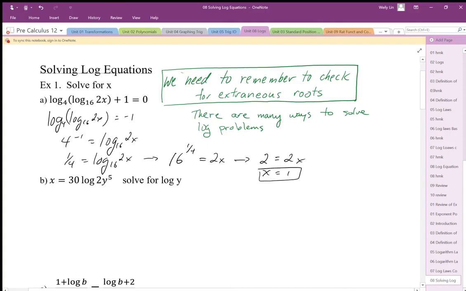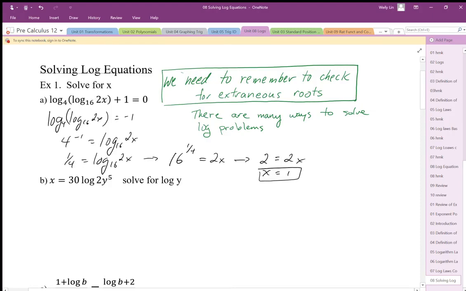Okay, so when we get the solution x equals 1, we have to make sure that that solution is a valid solution. So if I plug it back into here, I'm going to get a valid solution for x. So x equals 1. Yeah, I can take the log base 16 of 2. Okay, that's going to be equal to 1/4, so the log is going to be -1, I think it is.